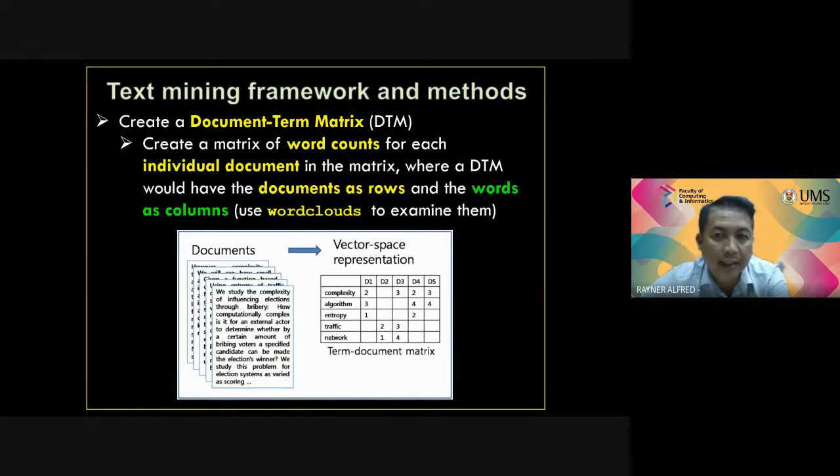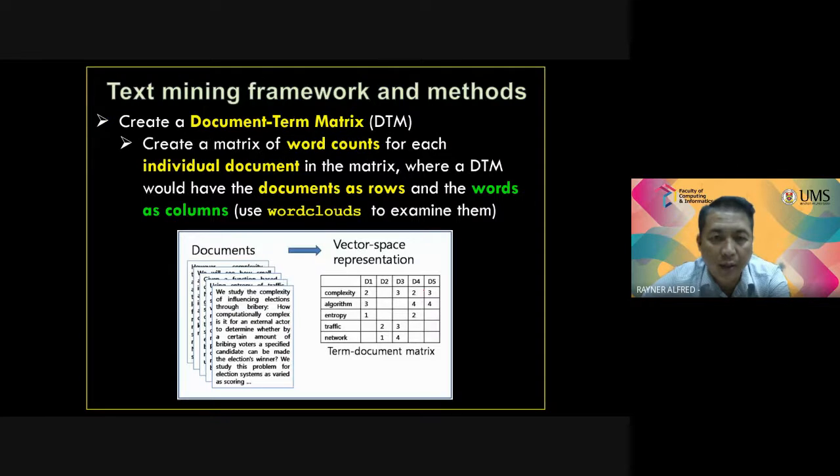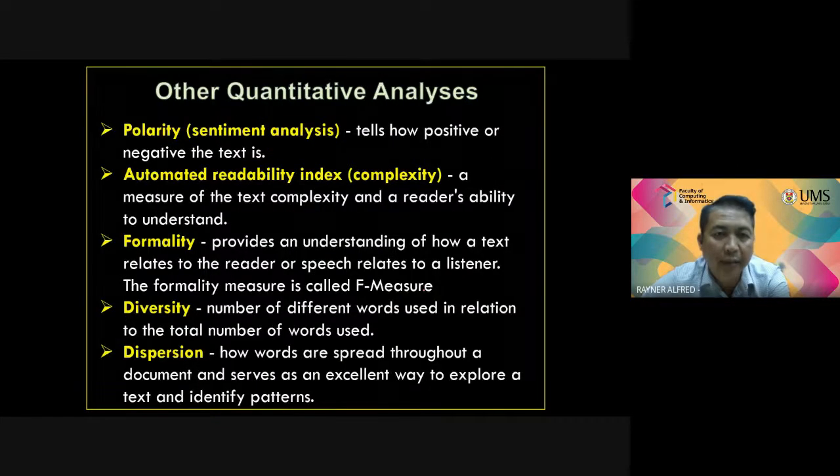You have done the exercise, I think in the first exercise, where from the document we change to a term document matrix. And some of the other quantitative analysis that we can do is based on this. We can look at the sentiment of the text, which tells how positive or negative the text is.